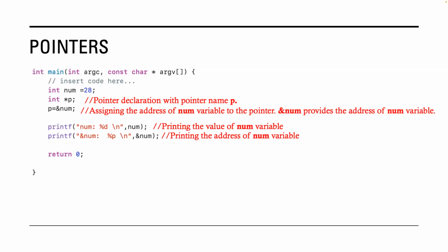So you can see the value of the num variable and also the address of the num variable. Here you can see this is a hexadecimal value. The addresses are hexadecimal values. That's why I'm using P in this printf.